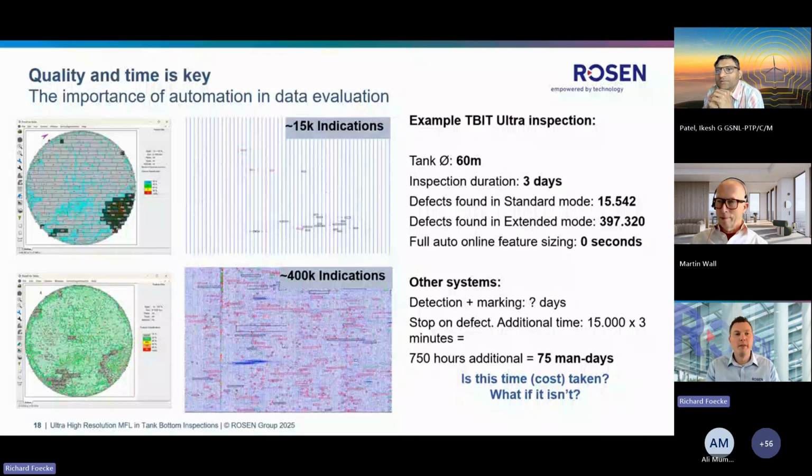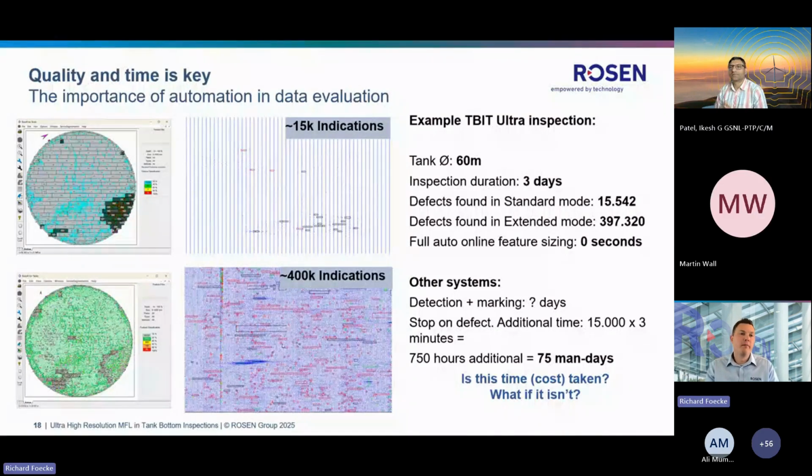Of course. A few of these additional defects may have grown over time. There's a time of 5 years between these two inspections, and there was certainly corrosion growth present. That is one explanation. The next explanation is, of course, the higher sensitivity that we apply. I mentioned that in one of the former slides. In the past, we had around 154 channels on the tool, also on the TBIT.